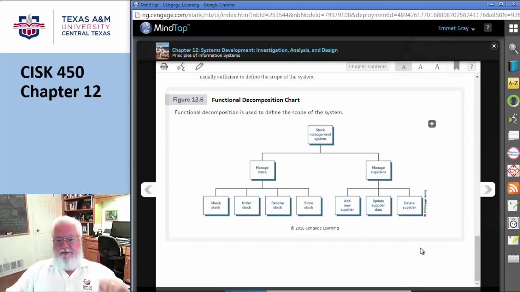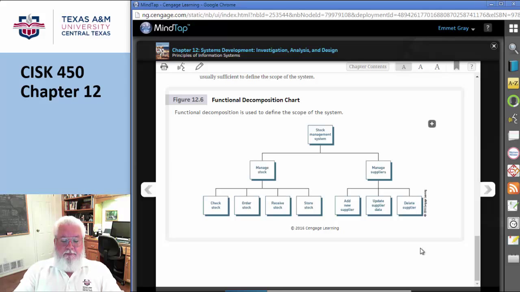And so everyone gets to see how big this thing is. Because if I just said, I need a stock management system, person A might be thinking it's this big, person B might be thinking it's this big. So this is a communication tool to help show people the scope of the project. And once again, functional decomposition is not only a phase 1 tool. You can use it for lots of other phases as well.